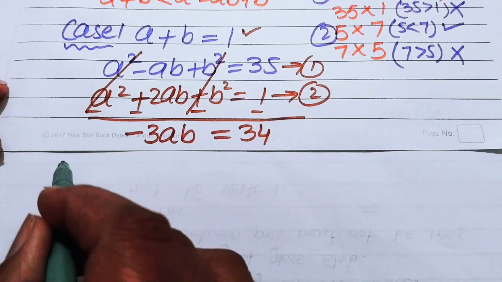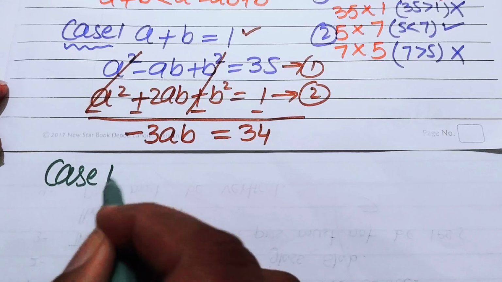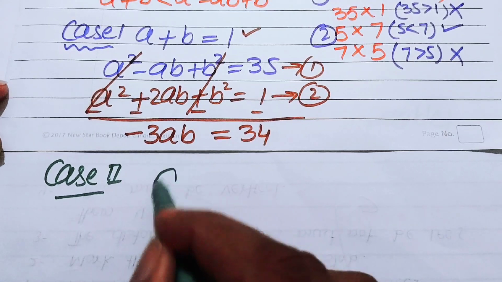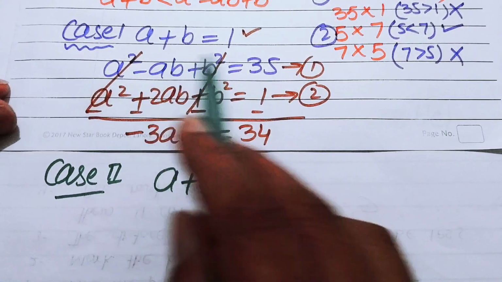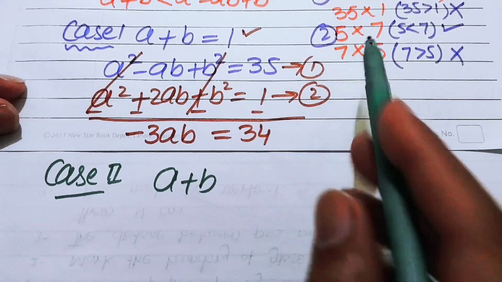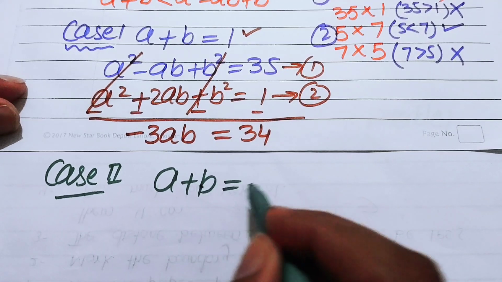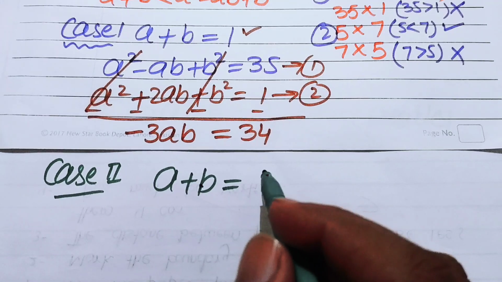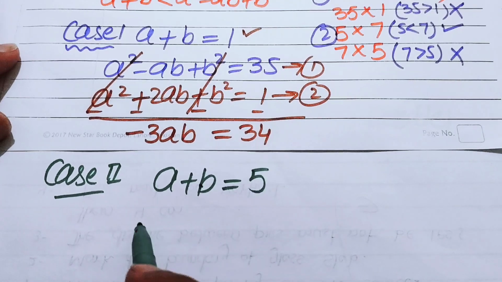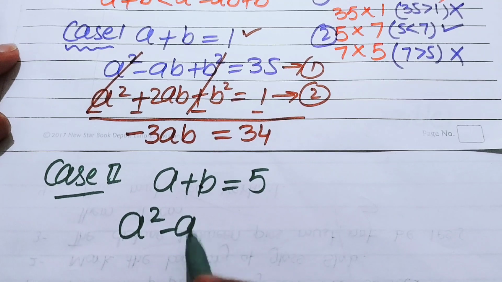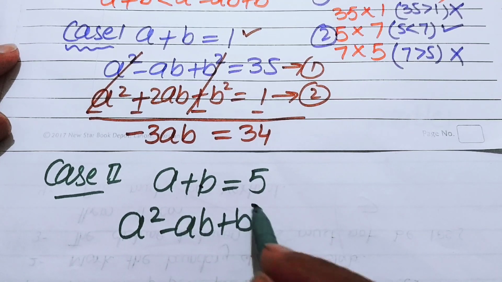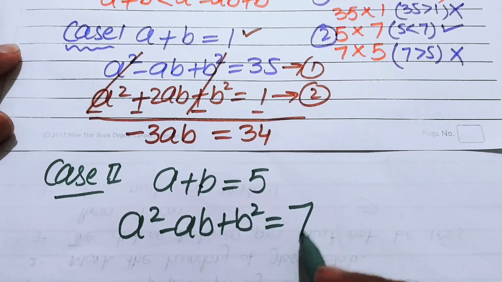So our second case should be, we just equate a plus b with 5, and a squared minus ab plus b squared with 7. So you get a plus b equals 5, and our other equation is a squared minus ab plus b squared equals 7.